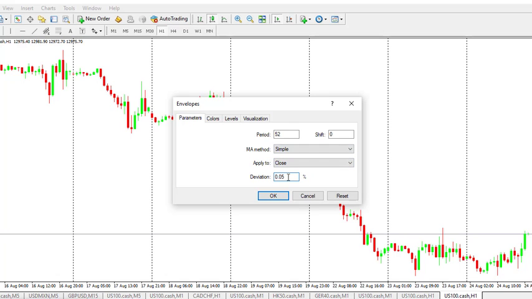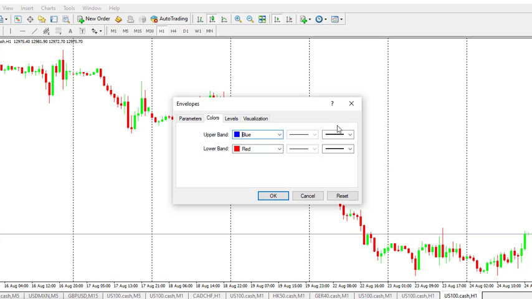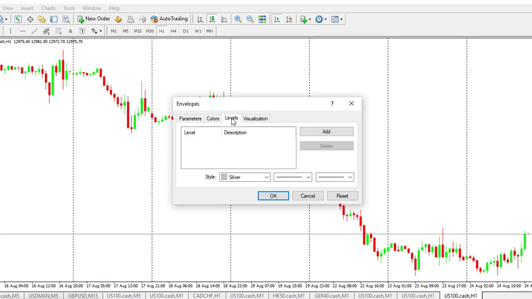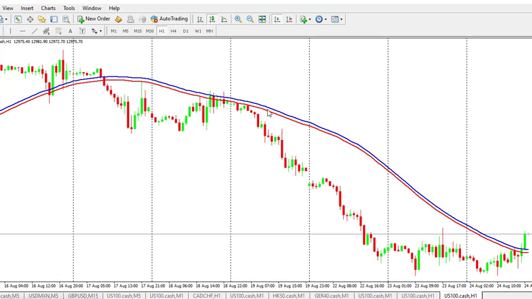Then the deviation is not the default setting also. Make sure you change it to 0.05. We are good with the color blue and red. We don't need any levels for now, and click OK. Here is the envelopes indicator on the chart.